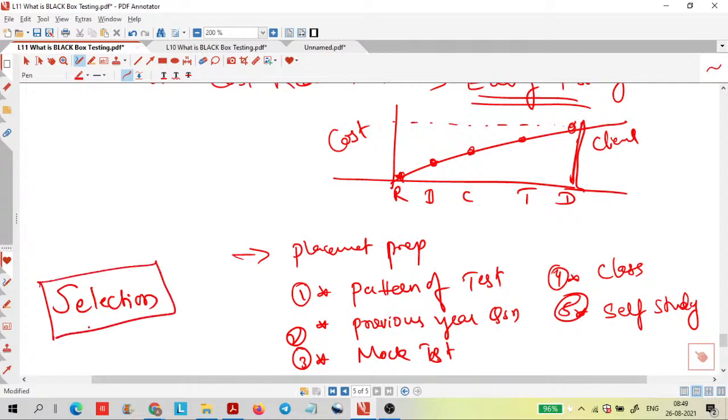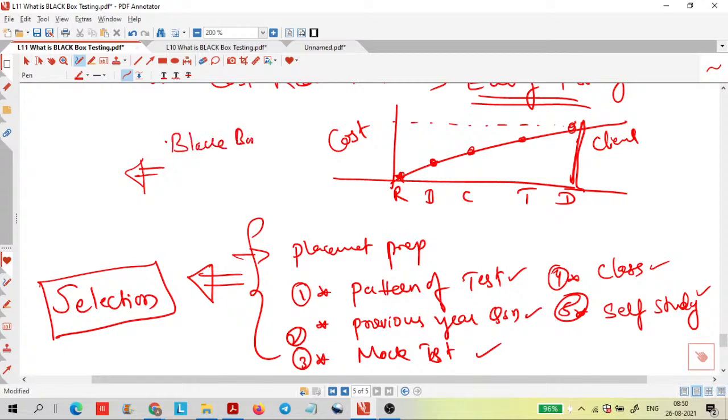Okay, if you compare with the testing, if you go for these testing techniques, it is the same: one strategy, one methodology, then you will get a selection. So likewise in testing also you need to go for the different testing methods: black box, white box.